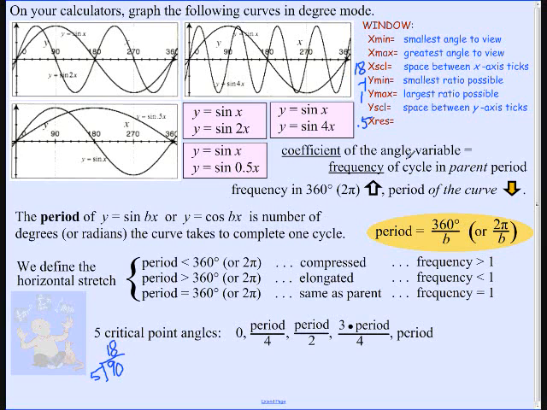The coefficient of the angle variable, what are we talking about there? Right here. That's a 1, 2. This is a 1. This is a 4. This is a 1 and 1/2. So what are we seeing? This one is your parent.